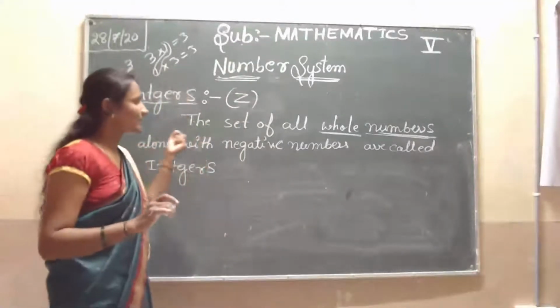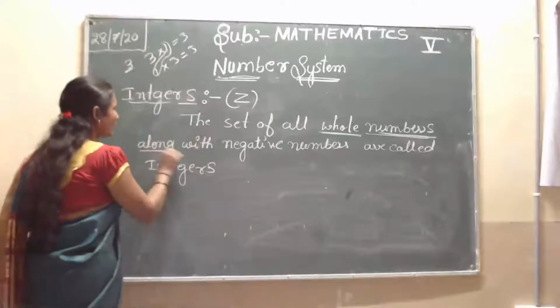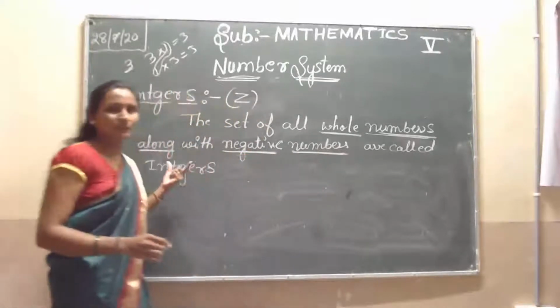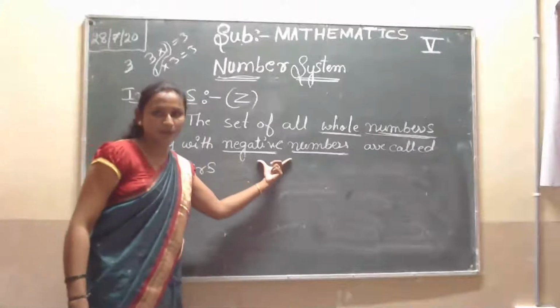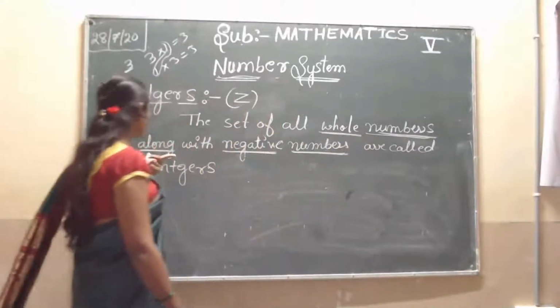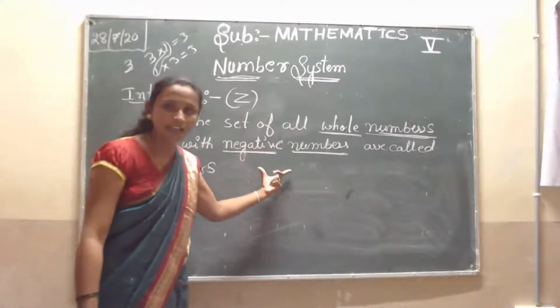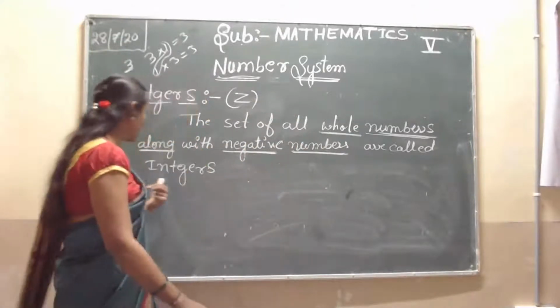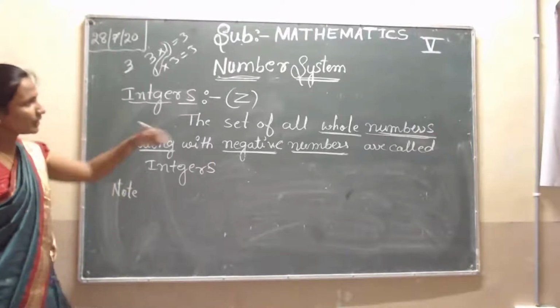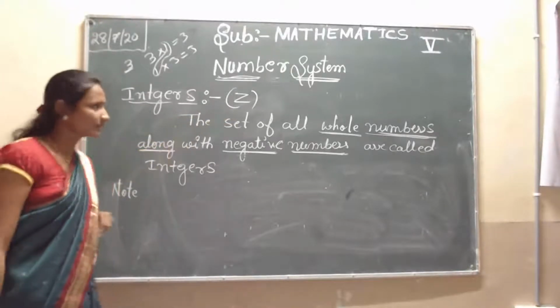The set of whole numbers along with the negative numbers, this sentence is very important. Whole numbers along with negative numbers are called integers, generally denoted by capital Z.